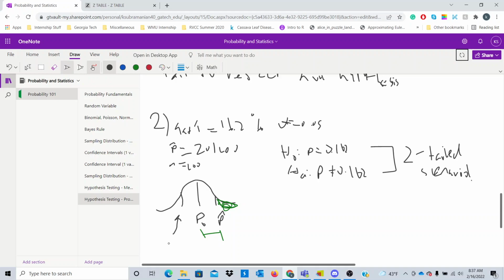Where this one here will be p hat minus p naught. So it'll be some other sample proportion, so we'll call it p hat one.